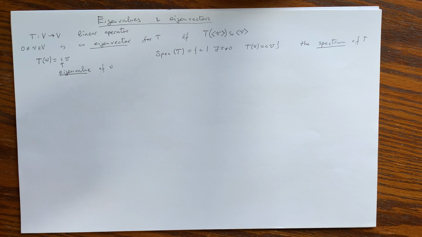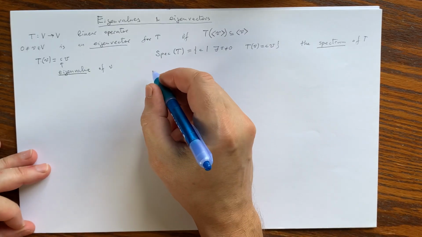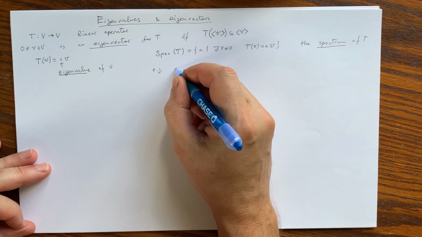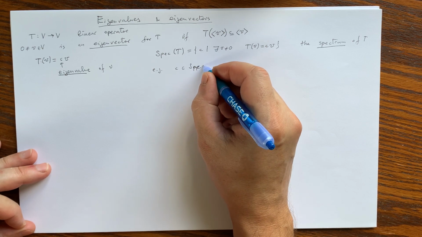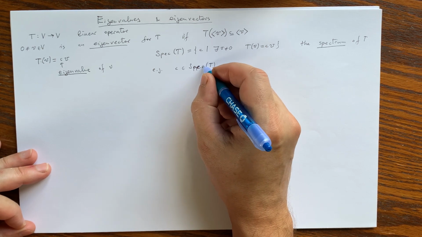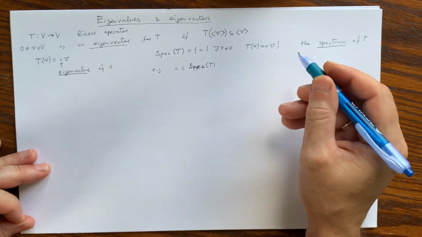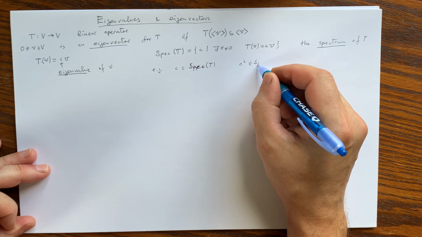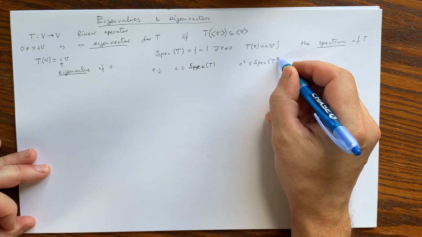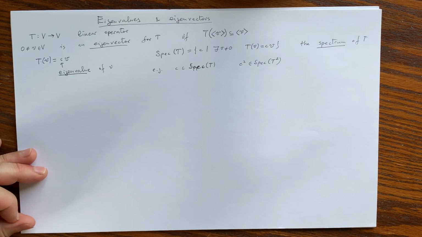So just from the definition, not knowing much about these eigenvalues, we could see some basic properties. So, for example, if c is an eigenvalue, so I'll be writing it as c belonging to the spectrum of T, then we could be sure that c squared will be in the spectrum of T squared, T composed with itself.